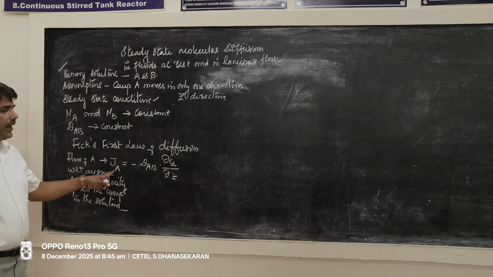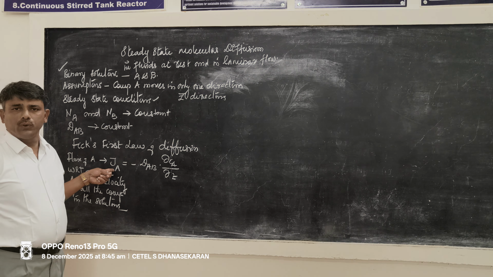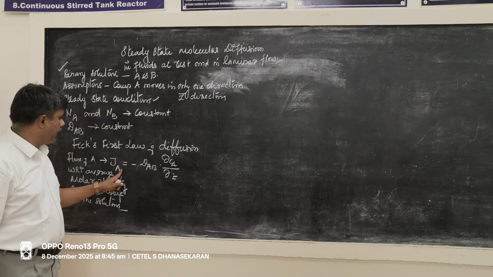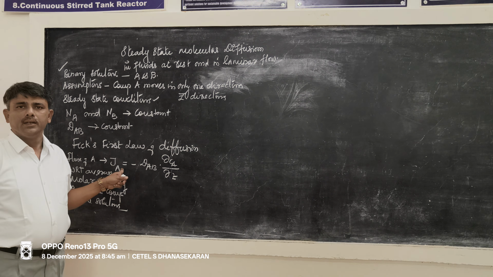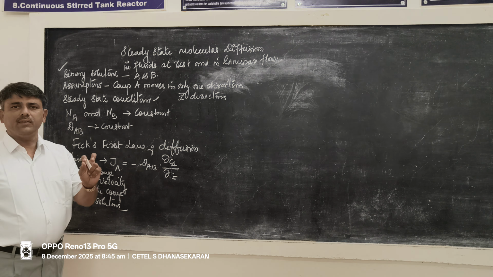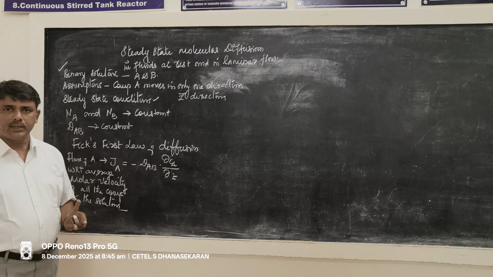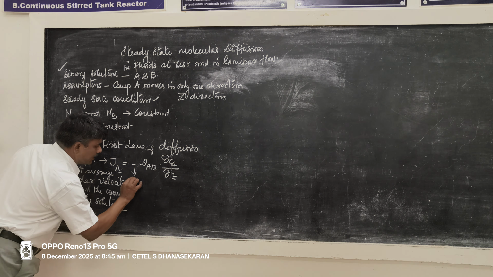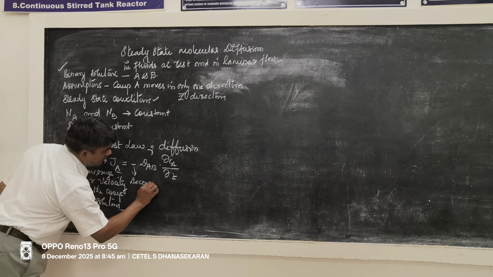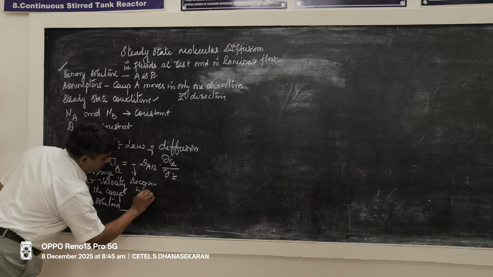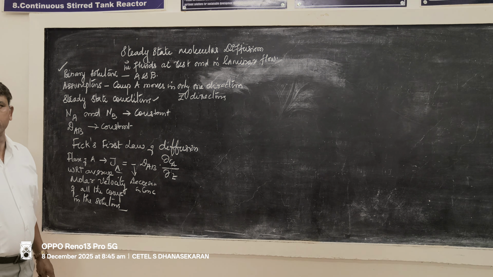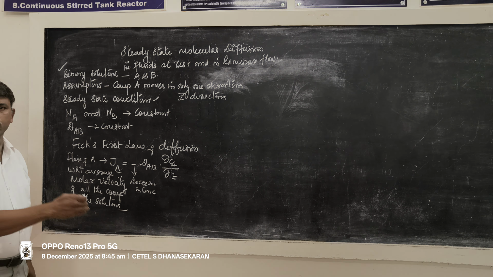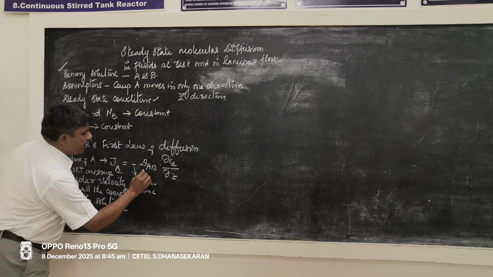This flux JA is highly useful in predicting the characteristic nature of component A. Flux JA is nothing but the characteristic nature of component A in the solution. Clear? JA. Minus sign indicates decrease in concentration of component A with respect to distance, from a region of higher concentration to a region of lower concentration.